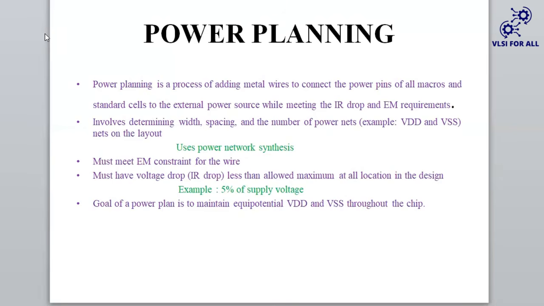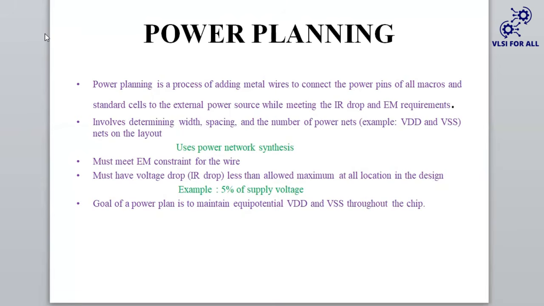The main motive of power planning is to distribute power to the entire chip so that power reaches all the macro pins as well as standard cell pins, and we supply power to those standard cells and macros in such a way that we meet our IR drop as well as EM requirements.